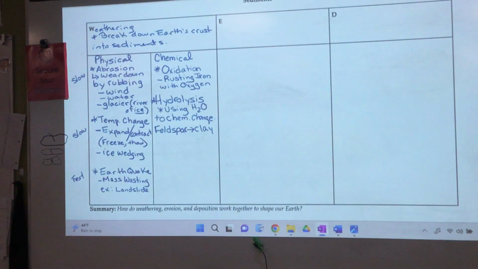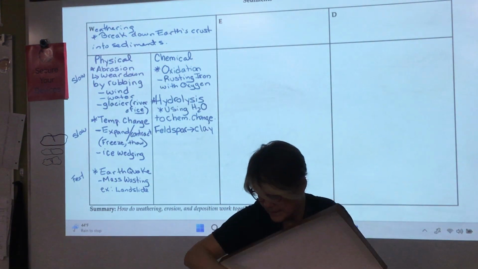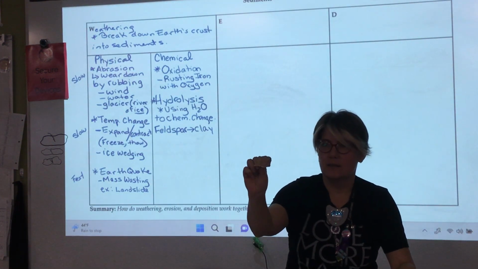What does feldspar look like? Do you really want to see? To the rocks! So feldspar looks like this. It's pink.